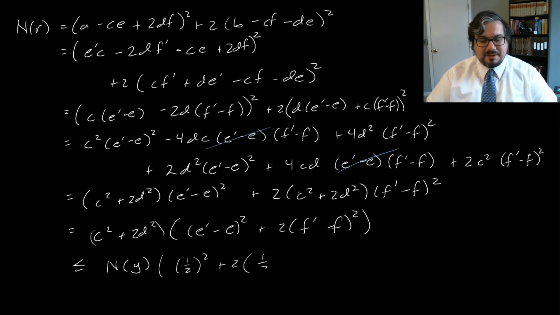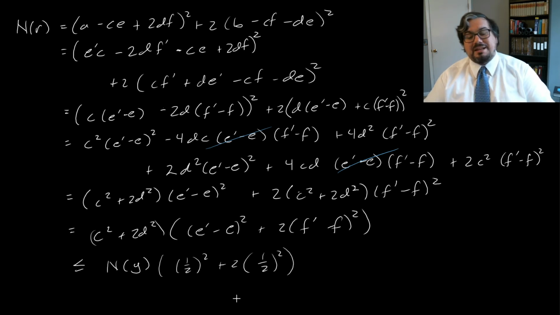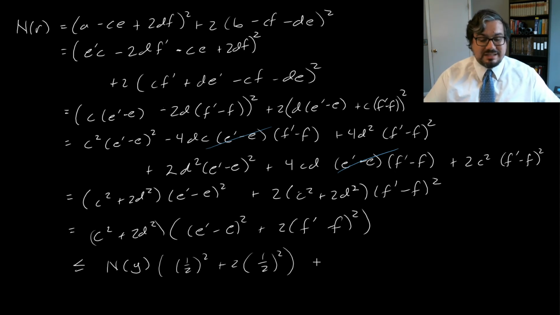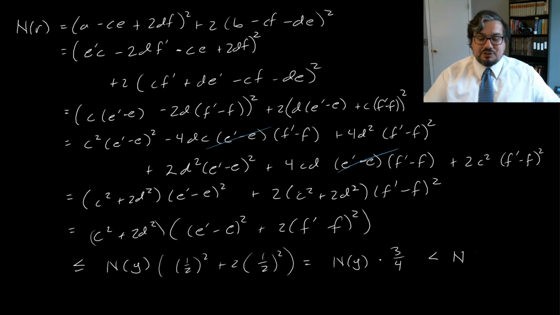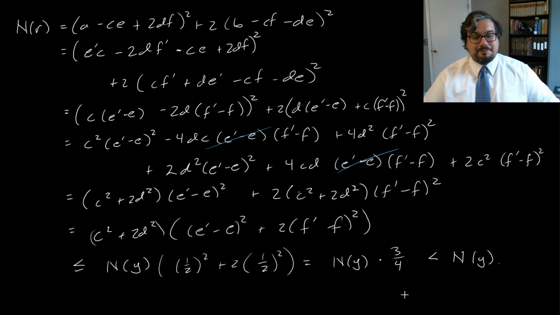F prime minus f is at most 1/2 because f was chosen to be the closest integer to f prime, and e was chosen to be the closest integer to e prime. And so we get that this is equal to the norm of y times 3/4. In particular, this is strictly less than the norm of y.